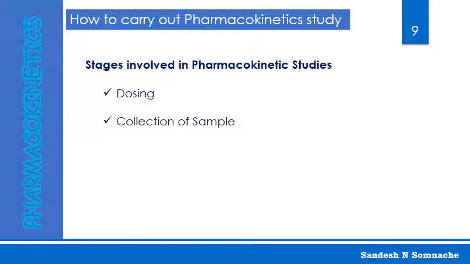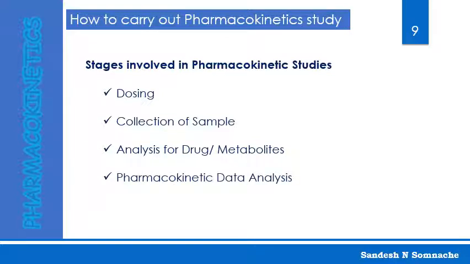Then samples are collected, either blood, urine or saliva samples, and the drug or metabolites are analyzed. Pharmacokinetic data is collected, and that data is analyzed by using suitable techniques.